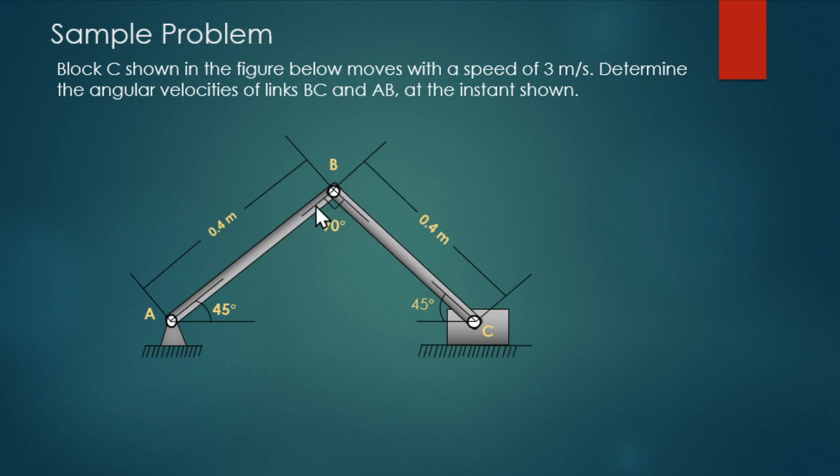At point B, the angle is 90 degrees. How can we get the angular velocity of links BC and AB? By using the instantaneous center of zero velocity. So let us consider this link.